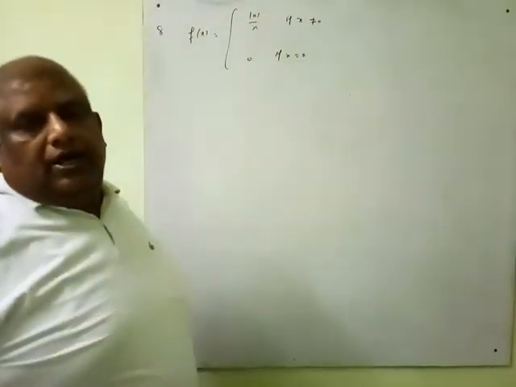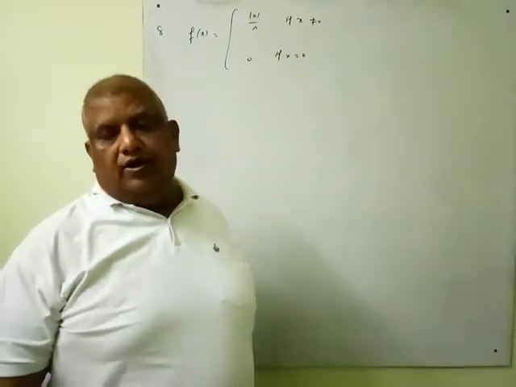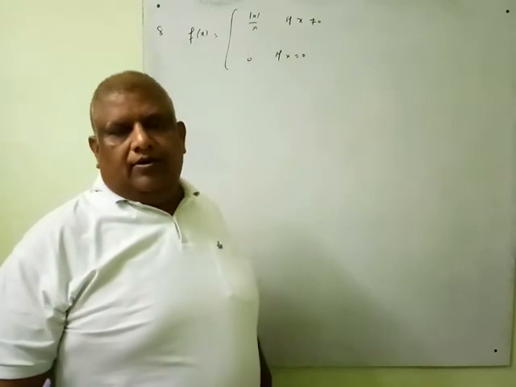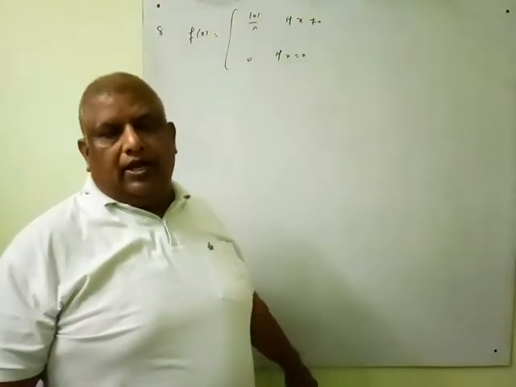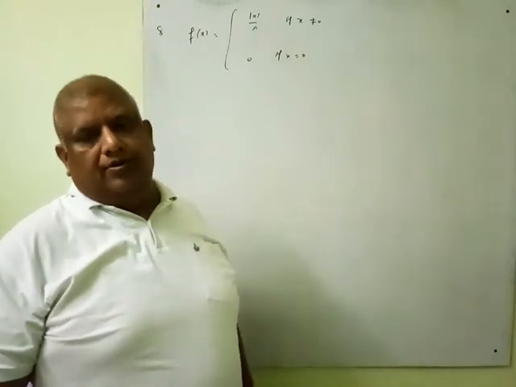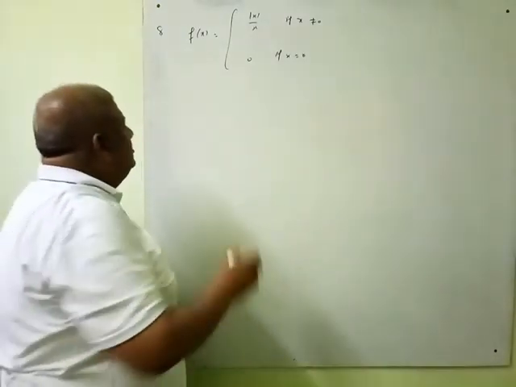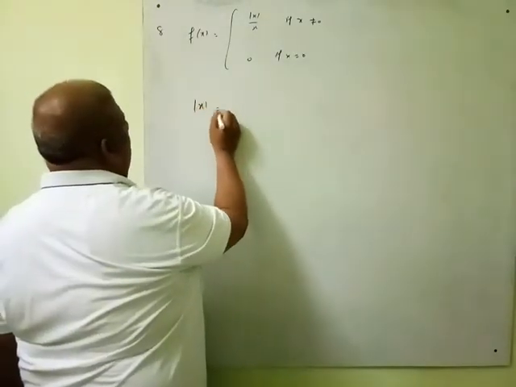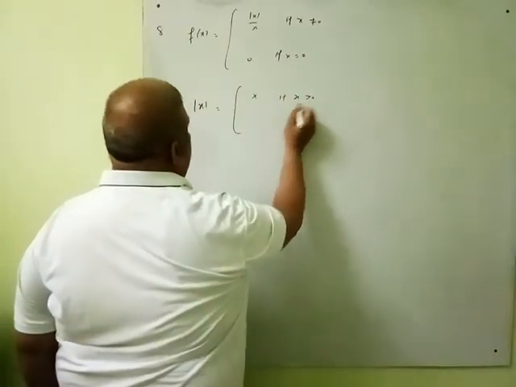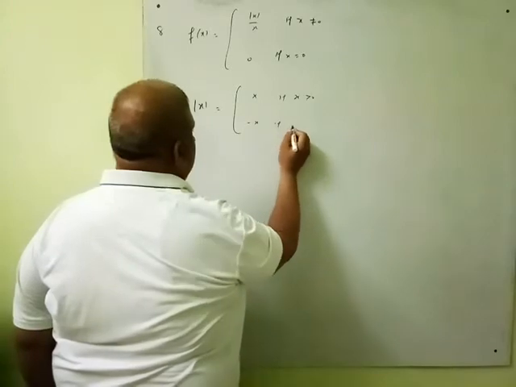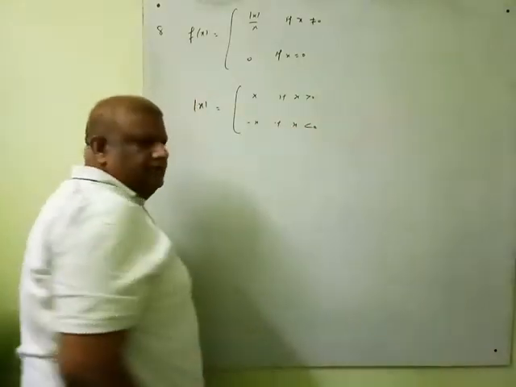Dear students, here the point is not given. We have to check the continuity at every real number. At every real number means, as we know, mod of x is x if x is greater than 0, and minus x if x is less than 0.